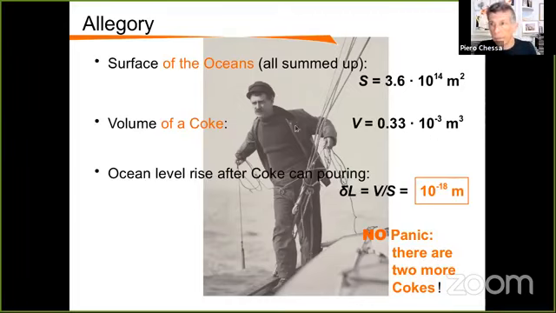Then you pour the liquid on the ocean, and you measure the level increase of the ocean. And what you measure is exactly 10 to minus 18 meters. So we are trying to measure the level increase of an ocean due to not 1, but 3 cans of Coke.